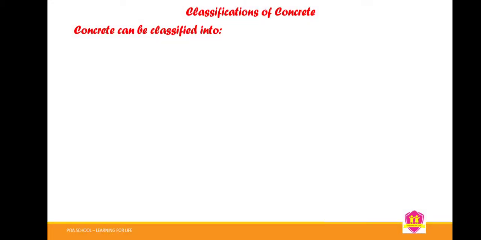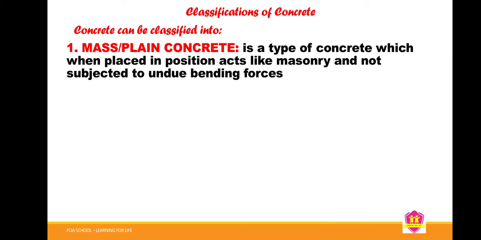Let's move on to classifications of concrete. Concrete can be classified into two. One, mass or plain concrete is a type of concrete which, when placed in position, acts like masonry and is not subjected to undue bending force.